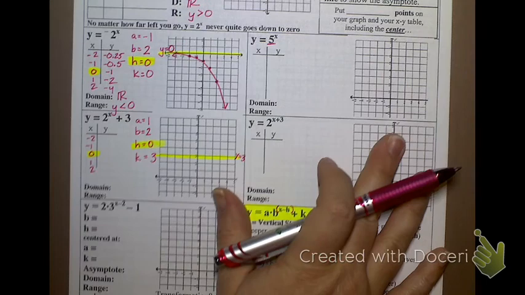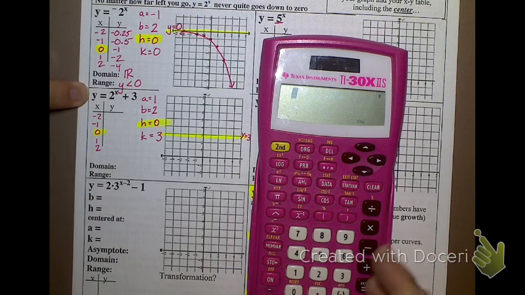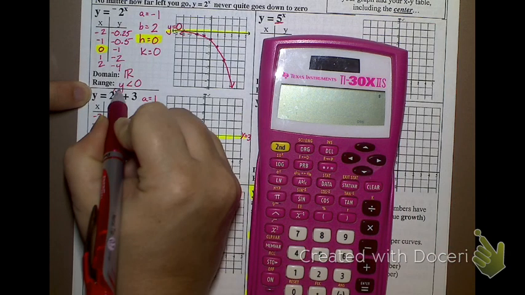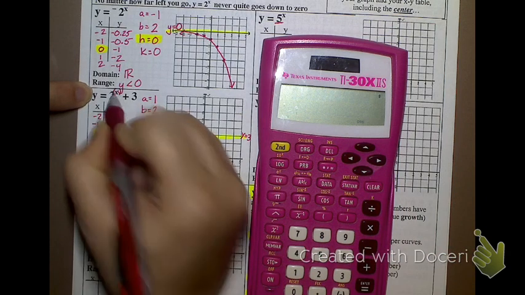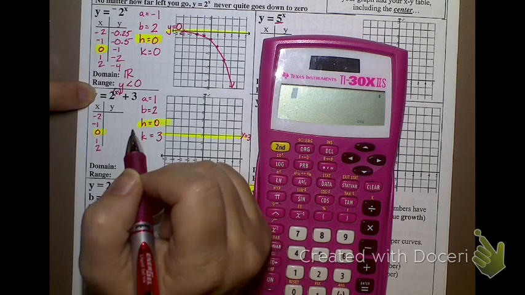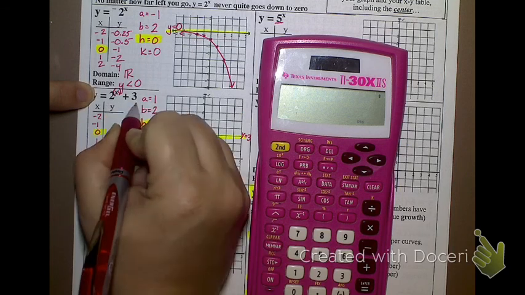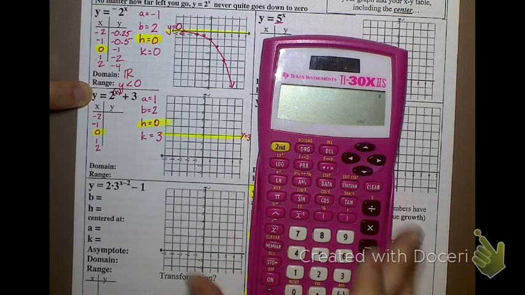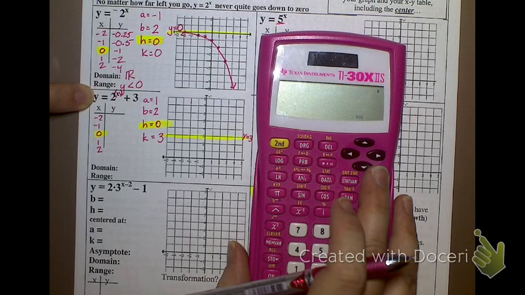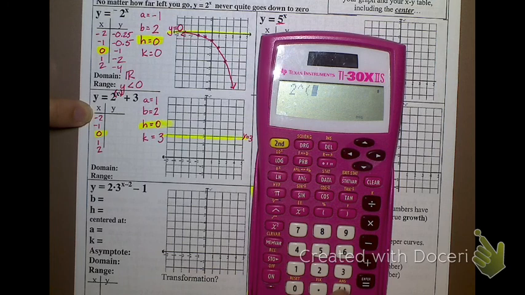All right, so let's plug stuff in. Do you see parentheses anywhere? No. I'm going to go ahead and put the exponent in parentheses because it's always a good habit. That way your calculator knows for sure what you are considering as an h and what you are considering as a k. So always put your exponent in parentheses. So 2 to the parentheses, -2, close my parentheses because I'm done with my exponent, plus 3.